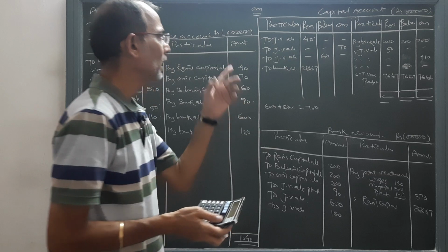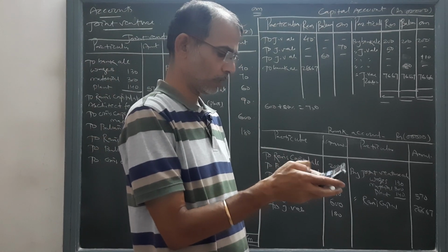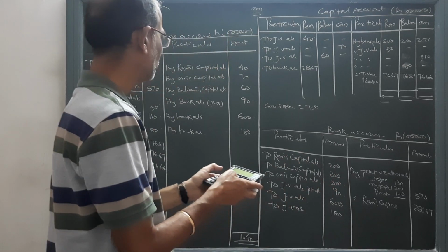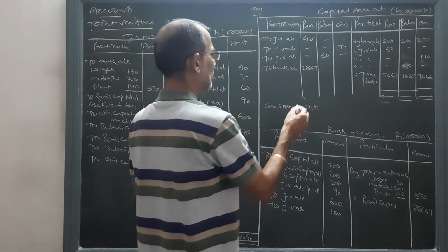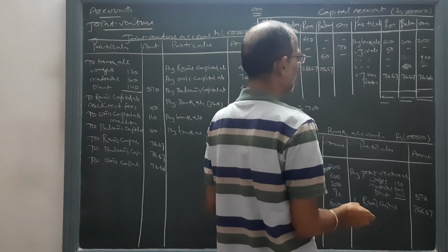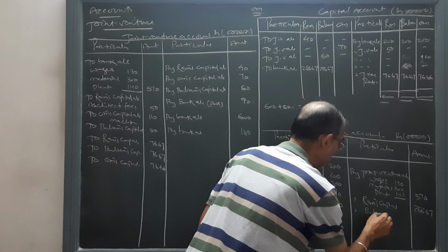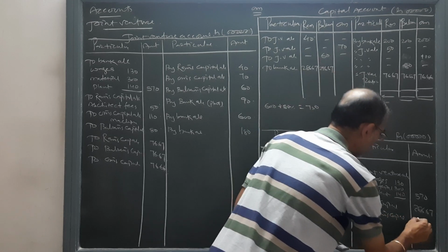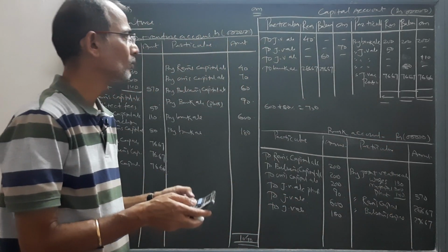286.67. Then we will find Balram's: 200 plus 80 plus 76.67 minus 60, so 296.67 by Balram's capital account 296.67.